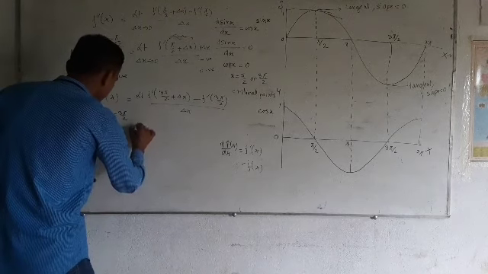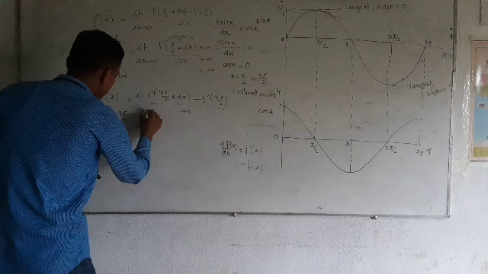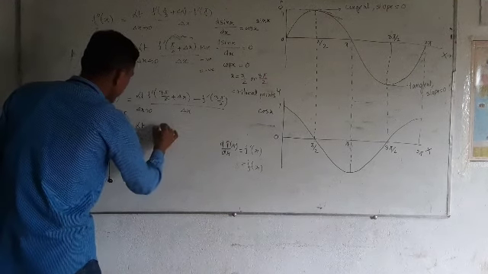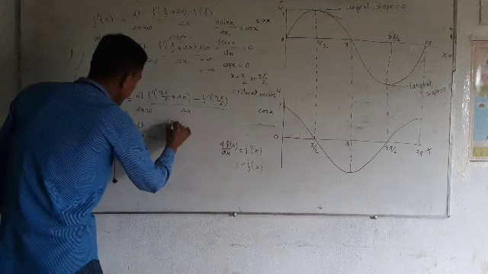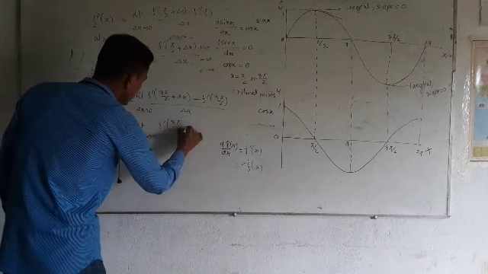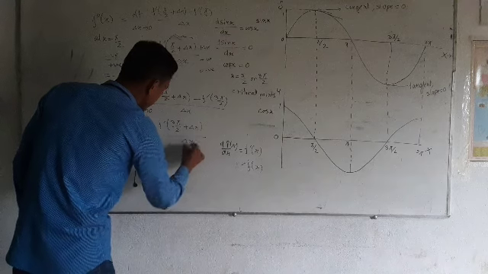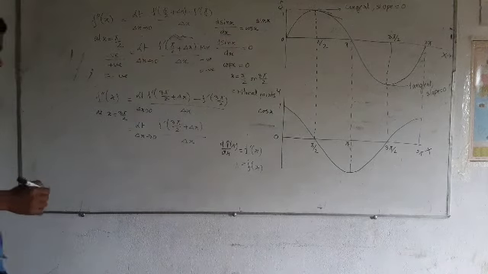Therefore, the remaining part becomes the limit as delta x tends to 0 of f prime of 3 pi by 2 plus delta x divided by delta x.